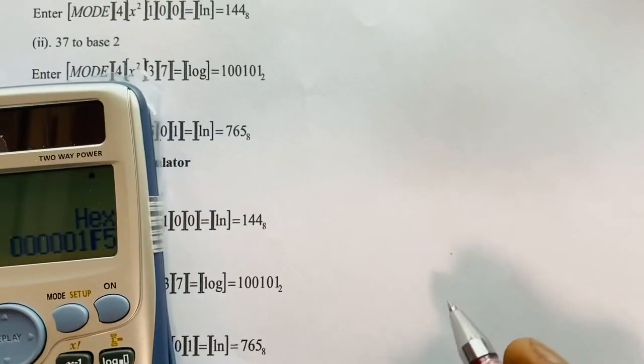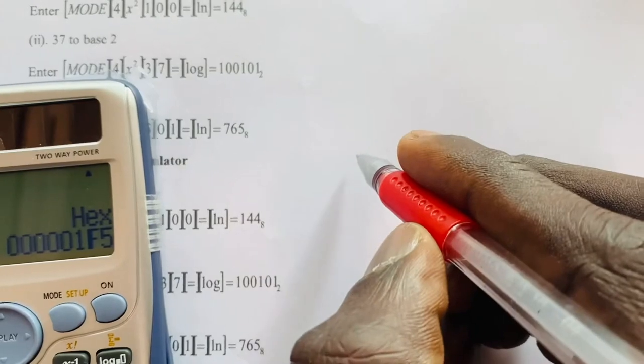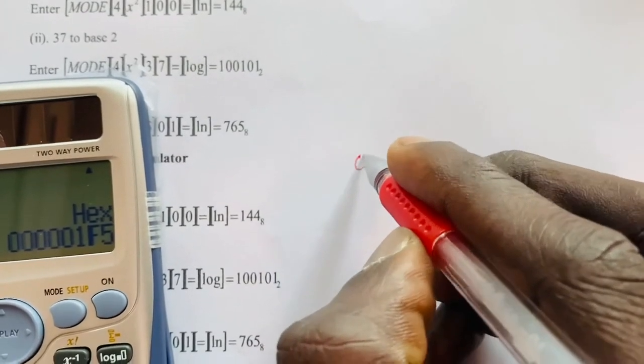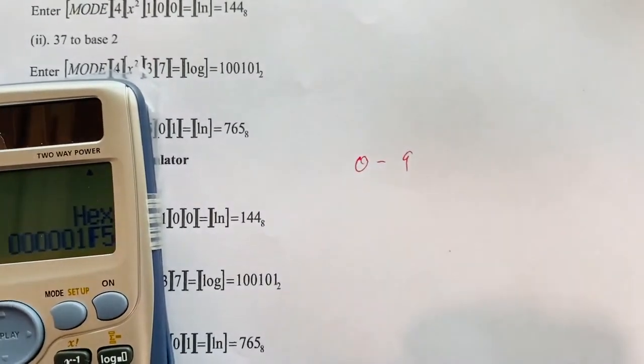Our answer is 1F5. Now let me explain this, where the 1F is. In the number base 16, we have 0 to 9.